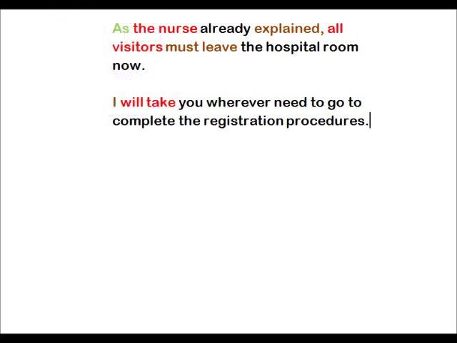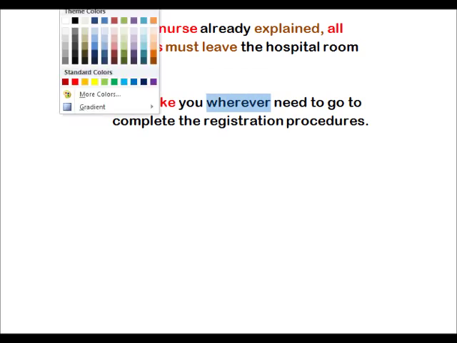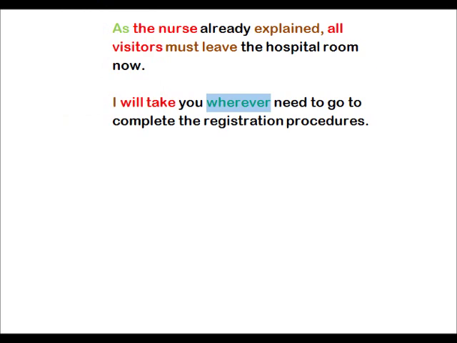So I've got subject verb, and then we have wherever, which is a connector. Well, that's great. And then after the connector we need to have subject verb. So before the connector, subject verb, and after the connector, subject verb. But what do we have?